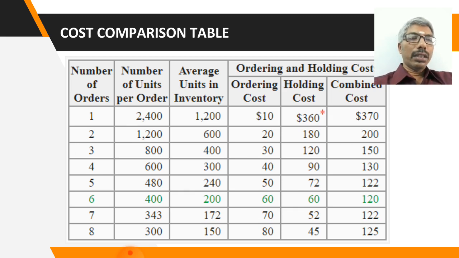If you see the total cost, that is the combined cost of ordering and carrying cost for the different numbers of orders, 120 is the least combined cost, for the economic order quantity, that is 6 orders. From this comparison table, the economic order quantity suggests the optimum size of the quantity per order, that is the reordering quantity, in order to minimize the total cost.